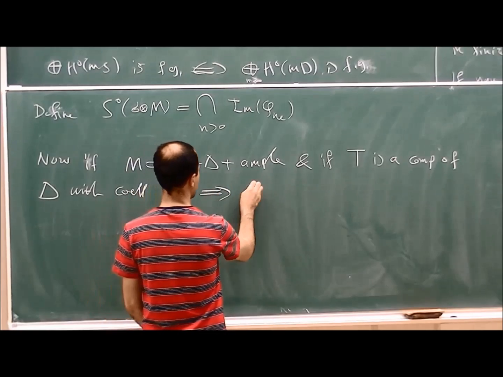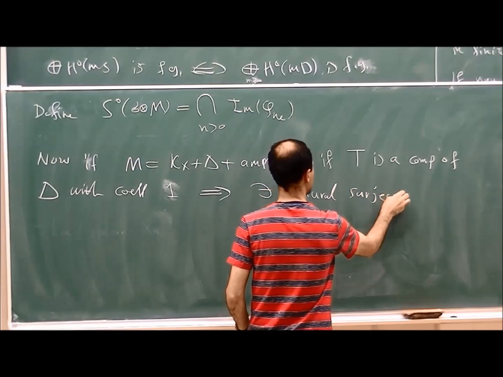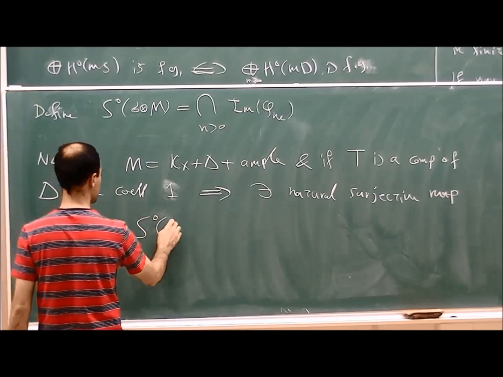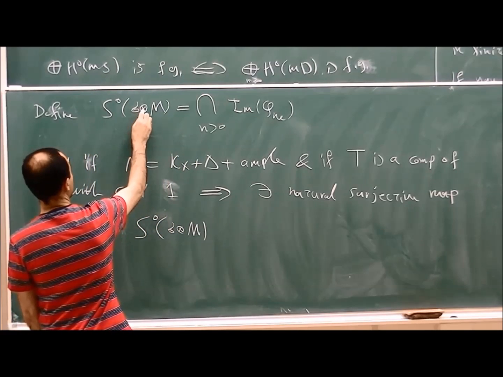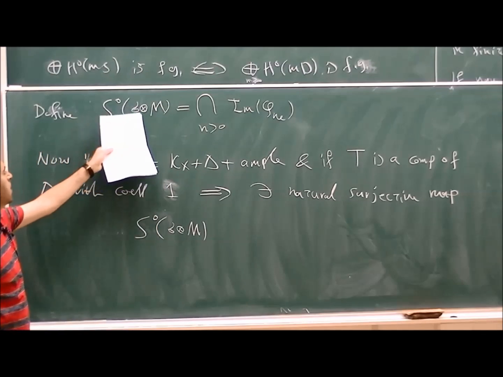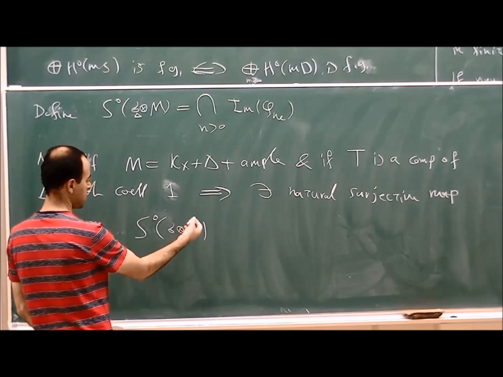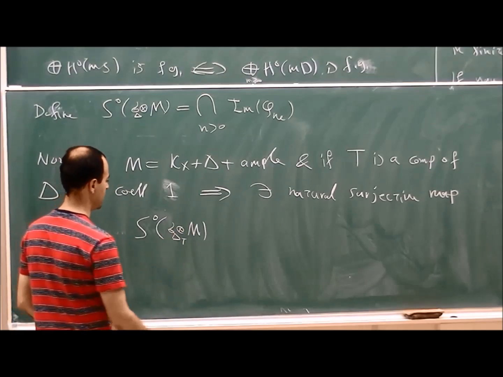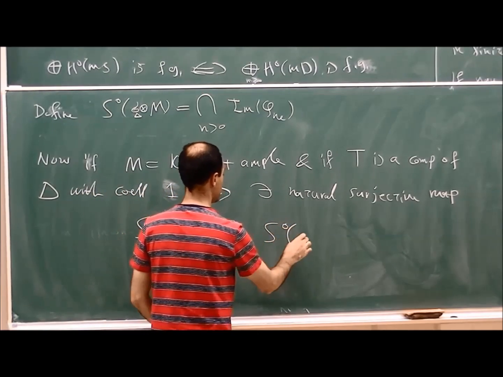Then the statement is that there is a natural surjective map from this S0 section of M. So here, to make it look better, let's put it with the delta here. It's the sigma for the delta and also x. Let's put the delta. And here you have some restriction to your center, and you will have some delta going to delta T. I'm sorry, this is for the moment of delta, and then you have a restriction onto the section.